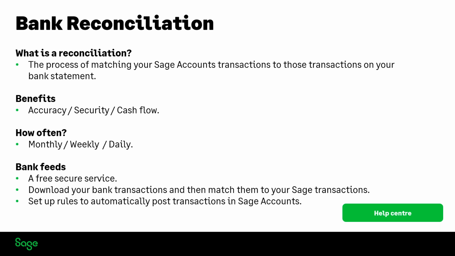It's almost like a ticking exercise, making sure your accounts are accurate, as it mentions in the benefits there. Everything that appears on your bank statement, you've then got entered in Sage. You're ticking them off to make sure the two tally up.